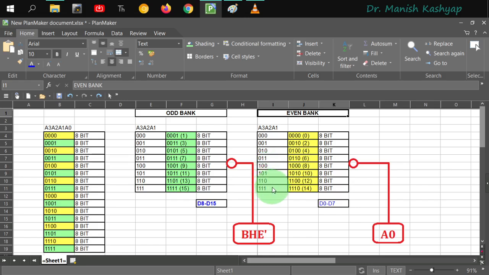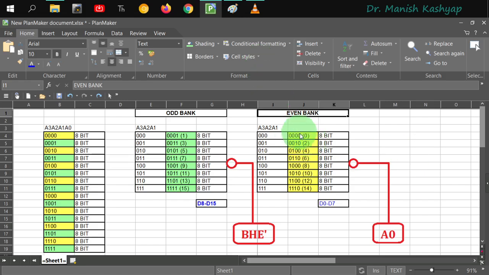Which is very obvious because whenever you buy a memory from the market, it will have addresses in their regular order, right? But by segregating this into even and odd banks, we have got one very good thing: if you leave the last bit in either the even or odd bank, the first 3 bits are as good as the address bits. Now let us utilize this to our advantage.